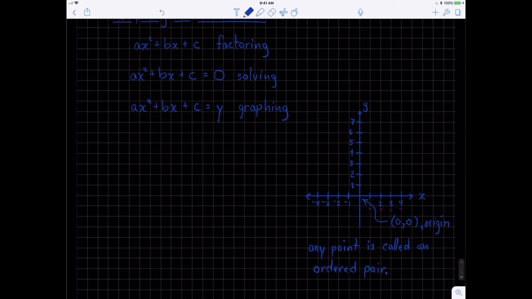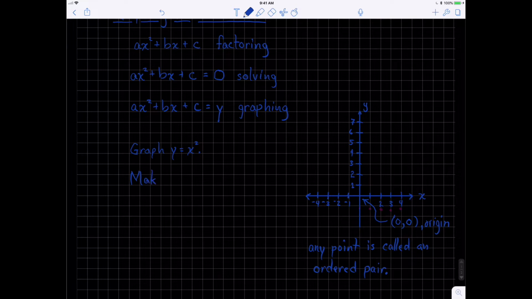So let's graph the simplest parabola, the simplest quadratic that you can. And that's what we're going to do. We're going to graph y equals x squared. If you're not sure what to do, we're going to make a table.